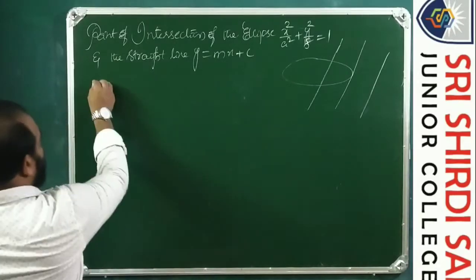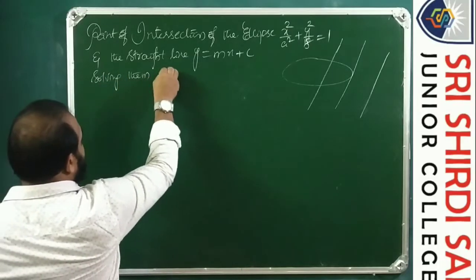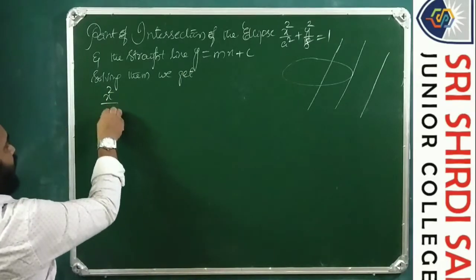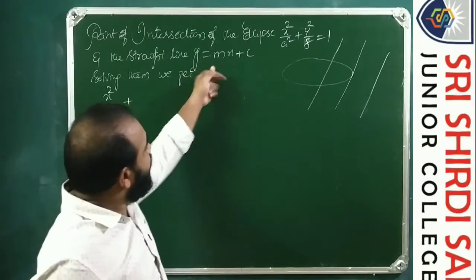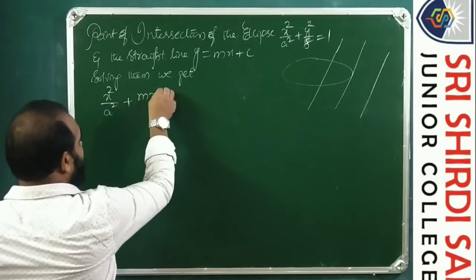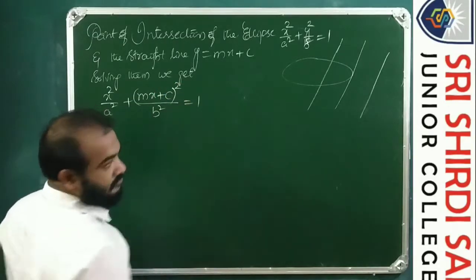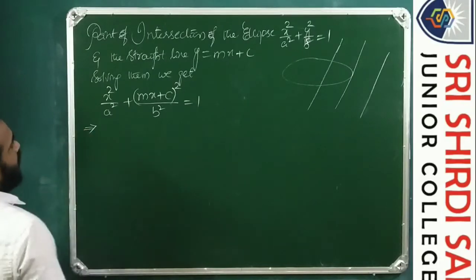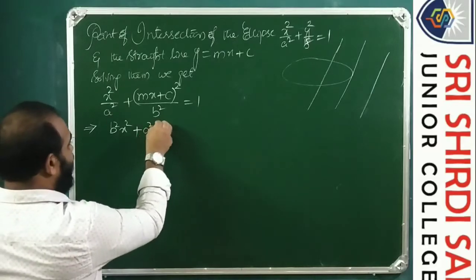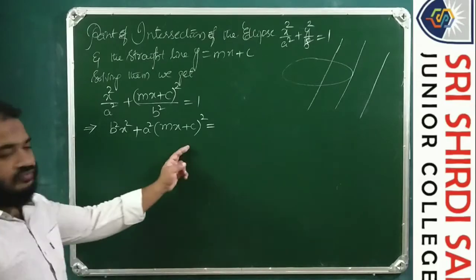Solving them, we get x square by a square plus y square by b square, with y equal to mx plus c. Substitute here. So this is mx plus c whole square by b square equals to 1. The LCM is a square b square, giving b square x square plus a square into mx plus c whole square by a square b square equals to 1.